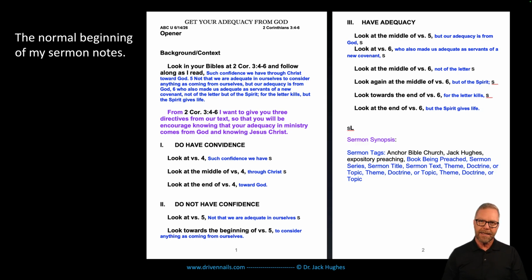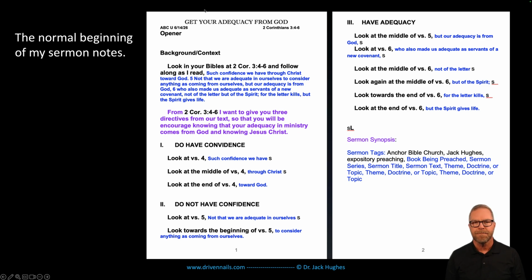Now, it may not include a you if I just have a command in there, because all commands imply second person. So when you tell your child, make your bed, you're saying you make your bed, right? You're speaking to them personally.